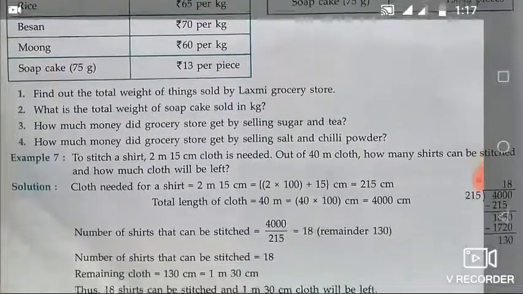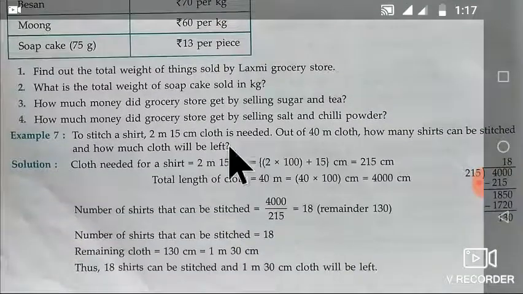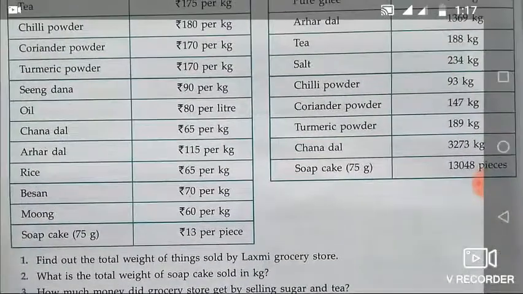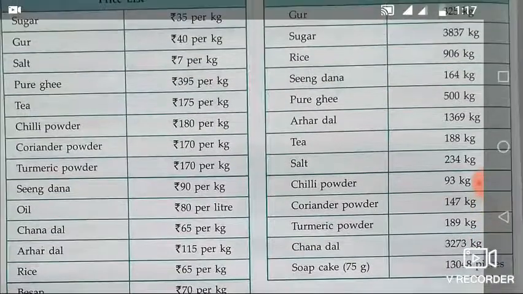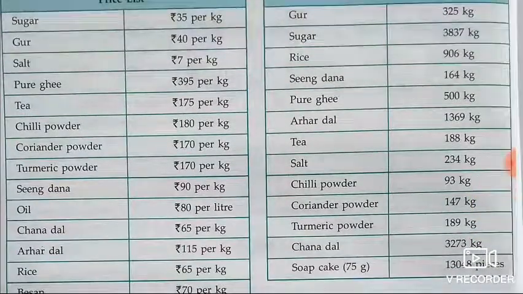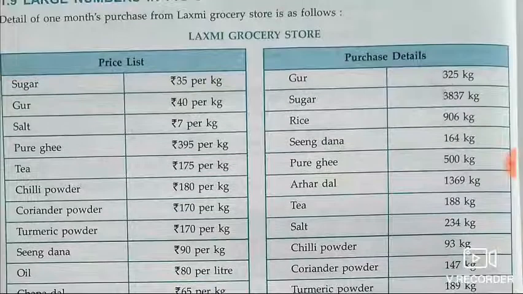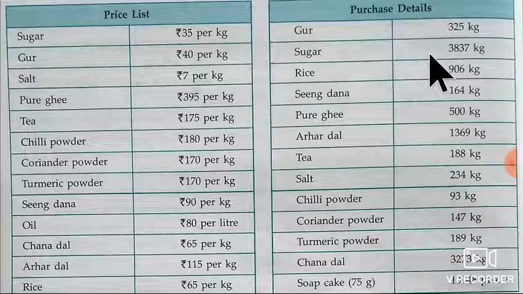This way, we practice with the question: find out the total weight of things sold by Lakshmi grocery store. Then we add all the weights of the things. We add all the weights in the purchase detail.